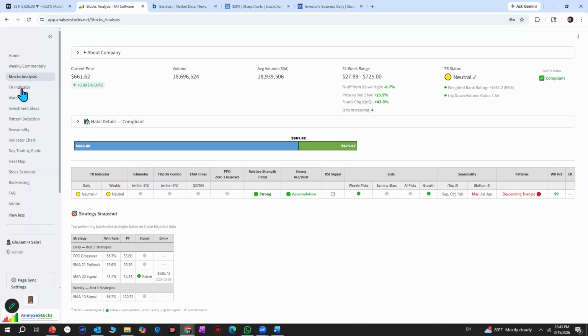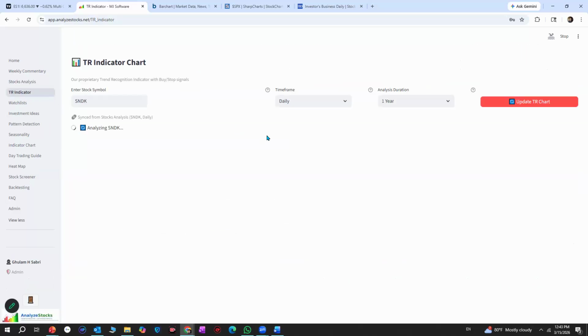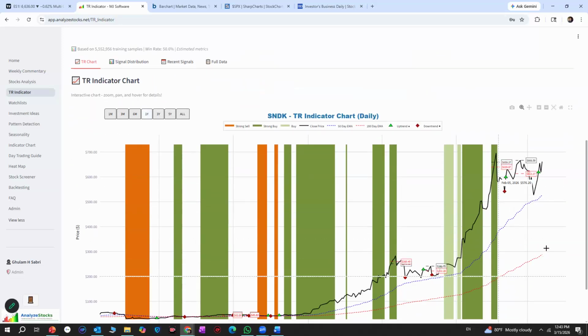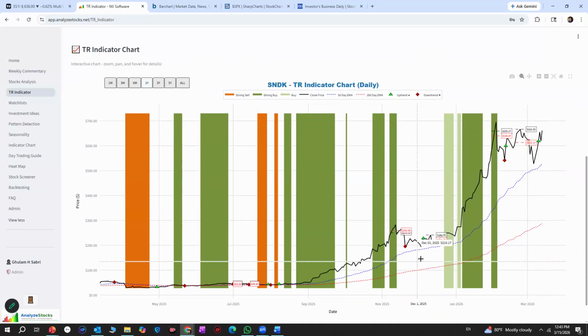So, for example, if I move to the TR indicator chart, it plots the TR indicator. A good question was how to know which couple of stocks are the best for the day. We'll come to that in a minute. So this is what is happening. You see, when it was close to this line, a breakout in the green zone had a much higher chance of a substantial run.